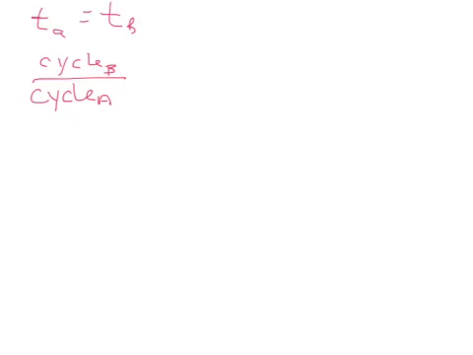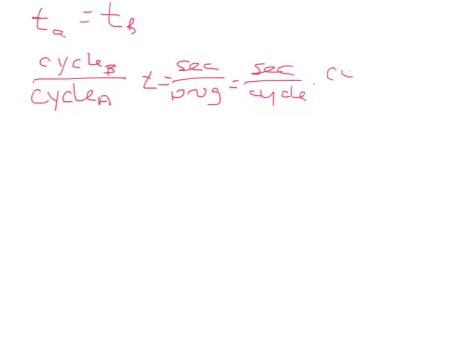So we have the time to run a program is in seconds per program, and that equals seconds per cycle times cycles per instruction times number of instructions in the program.